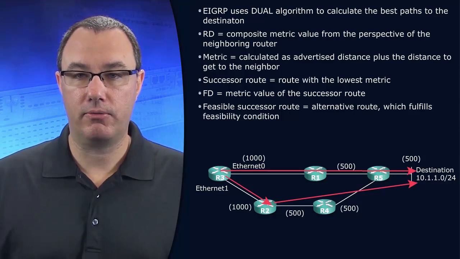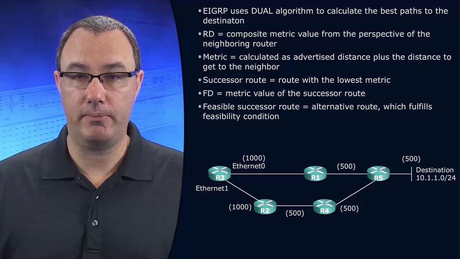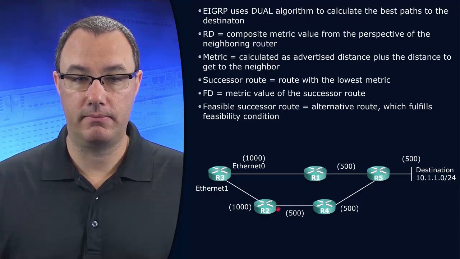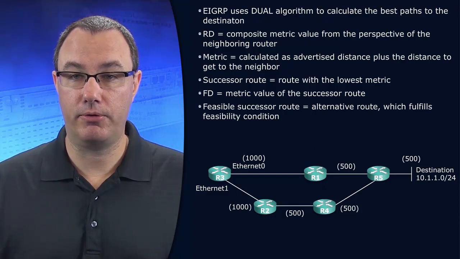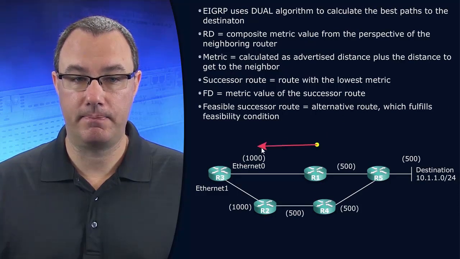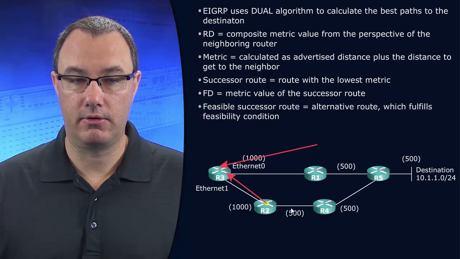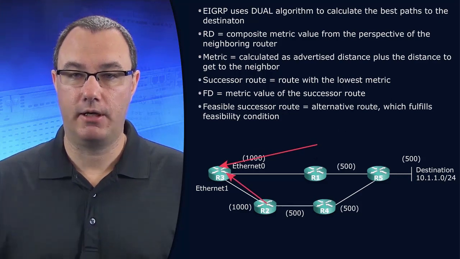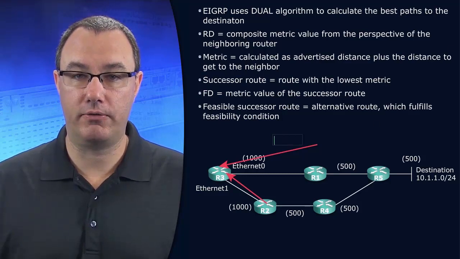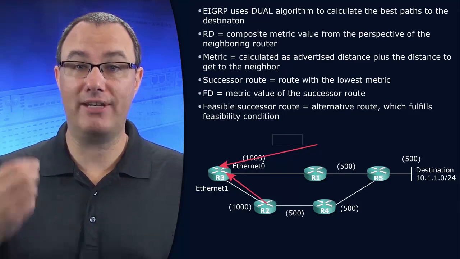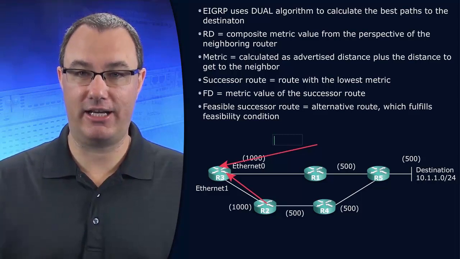Well, R3 is going to get routing updates via both R1 and R2. R1 and R2 are both going to advertise reachability to that network to R3, and it would have reported distances which are representative of R3's neighbor's distance to get there.